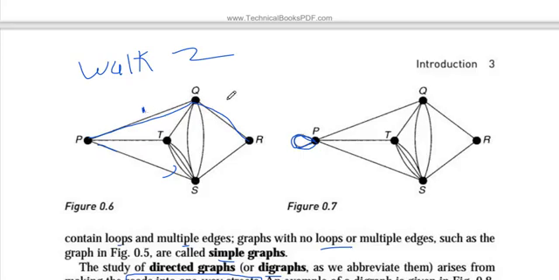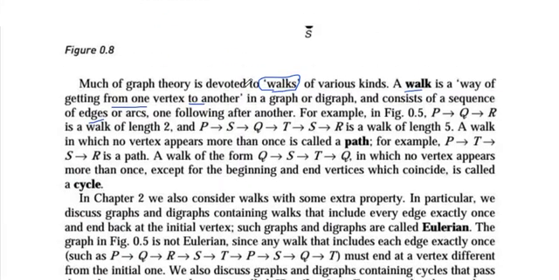Because we have crossed two edges. So this is a walk of length 2.